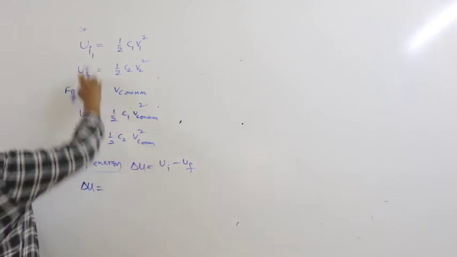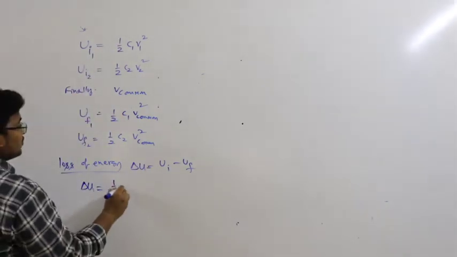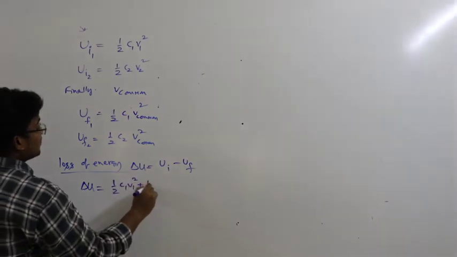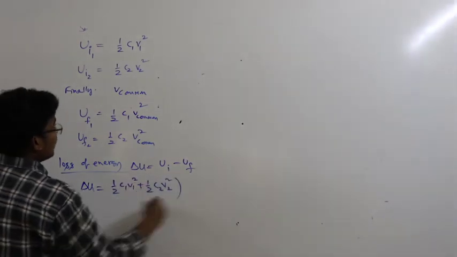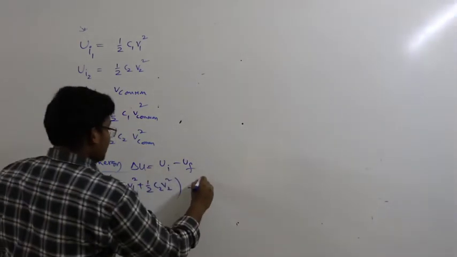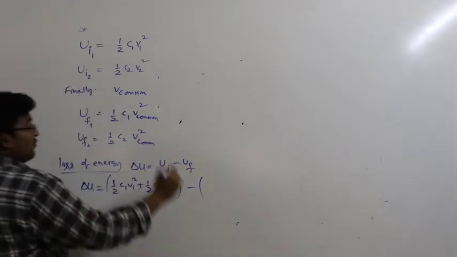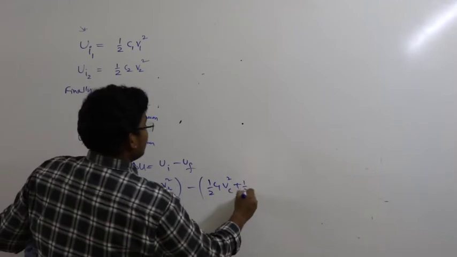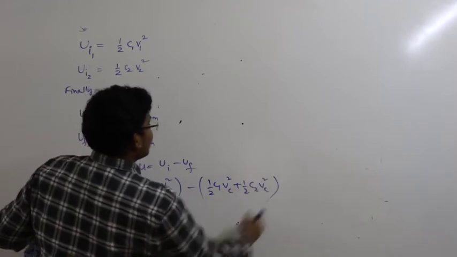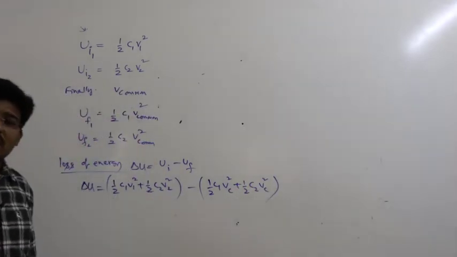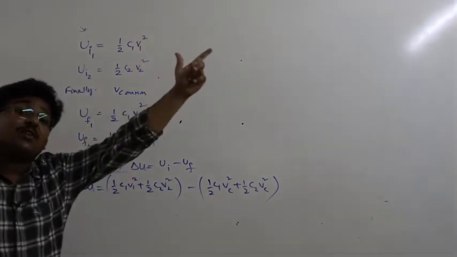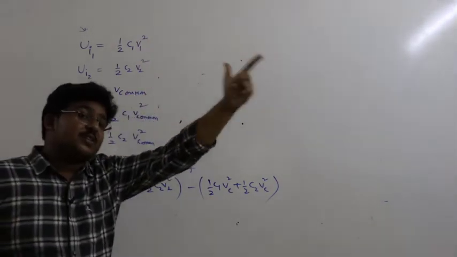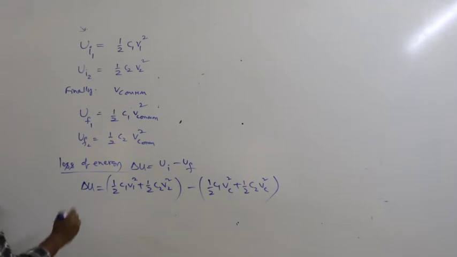U initial is half C1 V1 square plus half C2 V2 square, minus the final energy, half C1 V common square plus half C2 V common square. In place of V common, you can keep the value we got, (C1V1 + C2V2)/(C1 + C2).